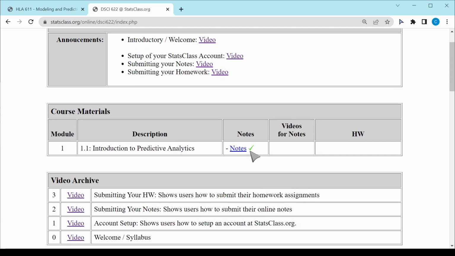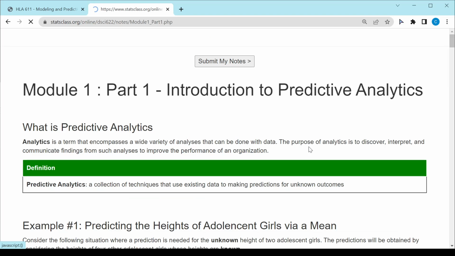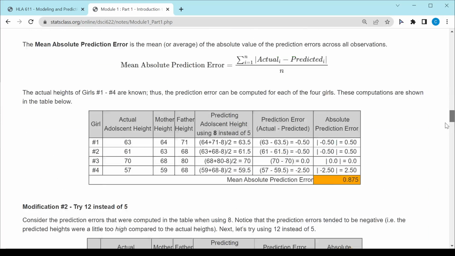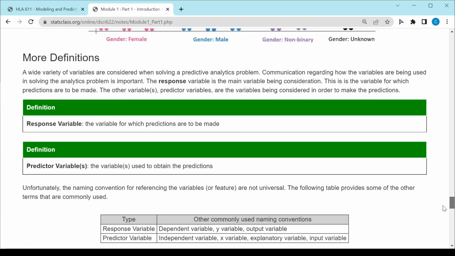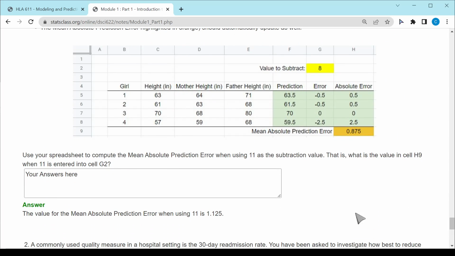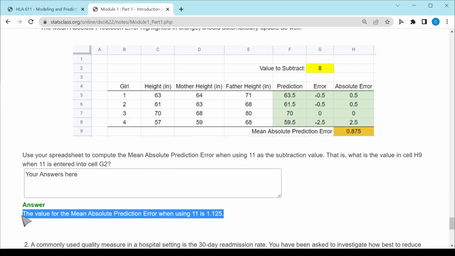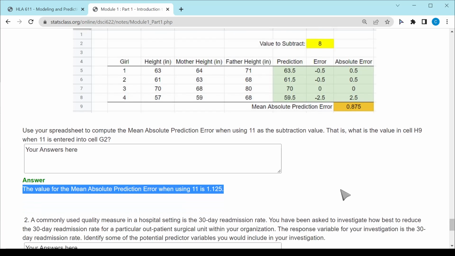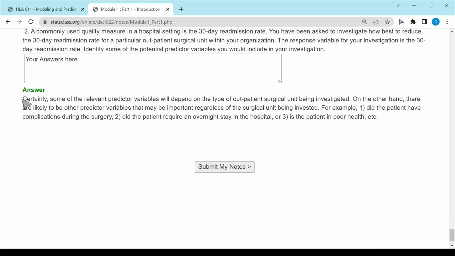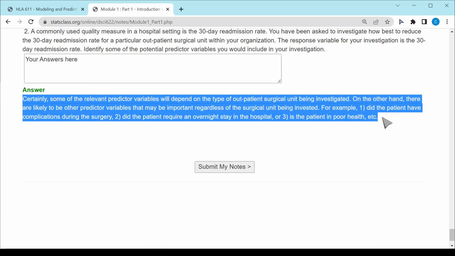If all the boxes have been successfully submitted or have information in them, you'll get a little green check. And now if you click on notes again, you will see my answers to each of those things that I asked you to work on. So underneath these boxes are going to be my answers to those questions.